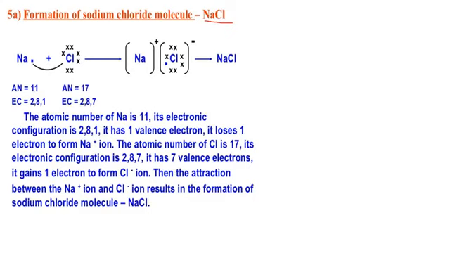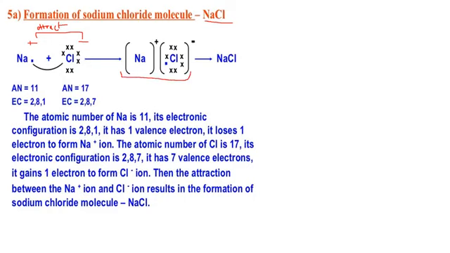Sodium by losing 1 electron becomes positively charged. Chlorine by gaining 1 electron becomes negatively charged. They are oppositely charged, and oppositely charged ions can attract each other and form a compound, which is an ionic compound.